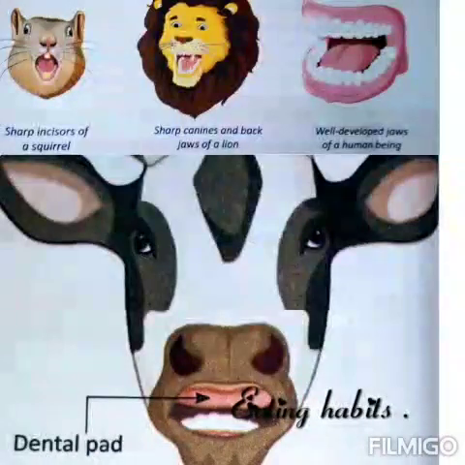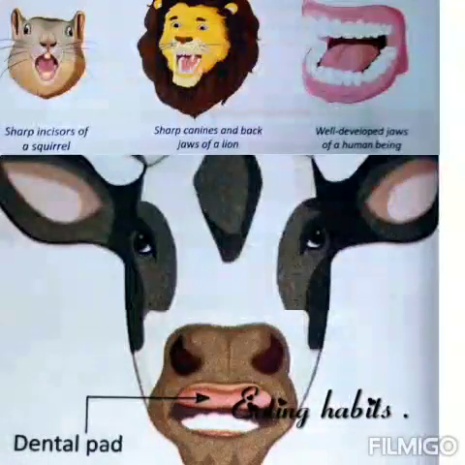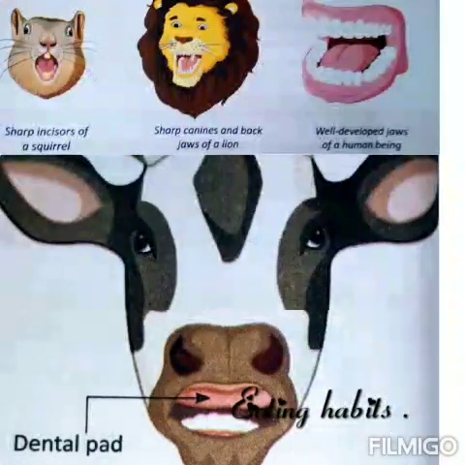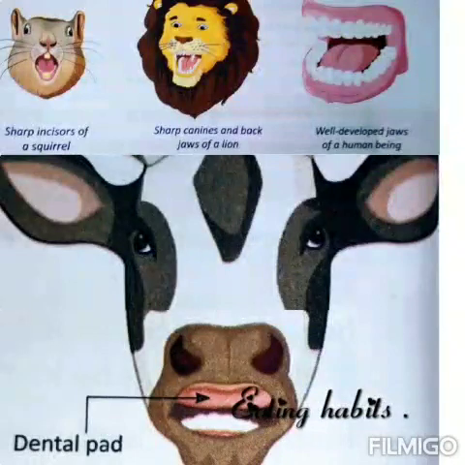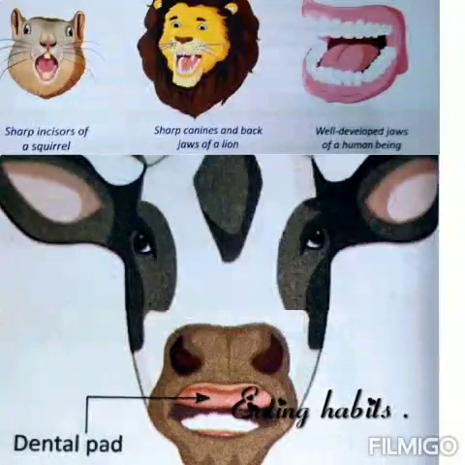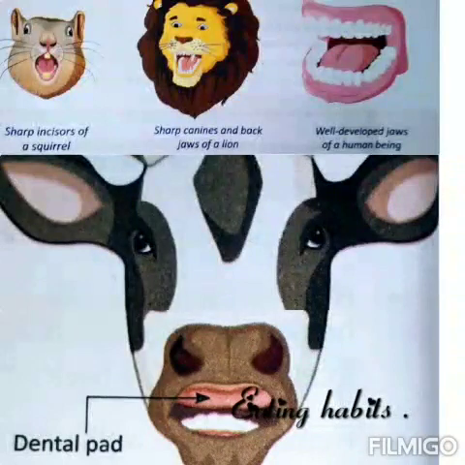What are the four types of teeth in animals that you studied in the lower class? Incisors, canines, premolars, and molars.